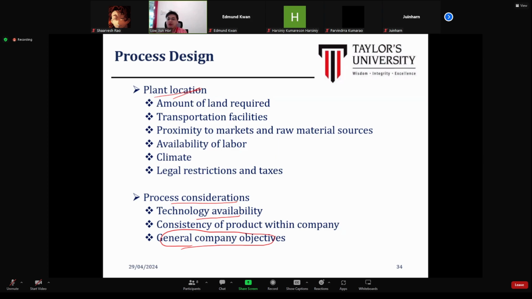Okay, let's say now your company is a food and beverage company, then of course their vision and mission is to produce, let's say, the number one food and beverage in Malaysia. But suddenly you propose, or in the process that you select, it involves the production of, let's say, dynamo. Then it sounds a bit weird, because your company is a food and beverage company, and suddenly you propose to your boss to produce dynamo, and some more, the mission and vision is to become the top F&B company in Malaysia.